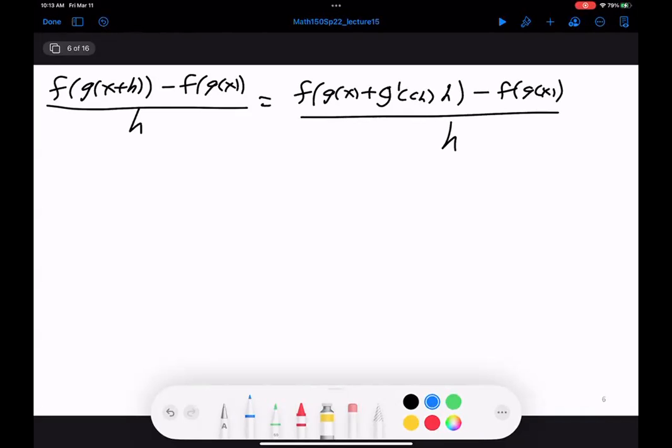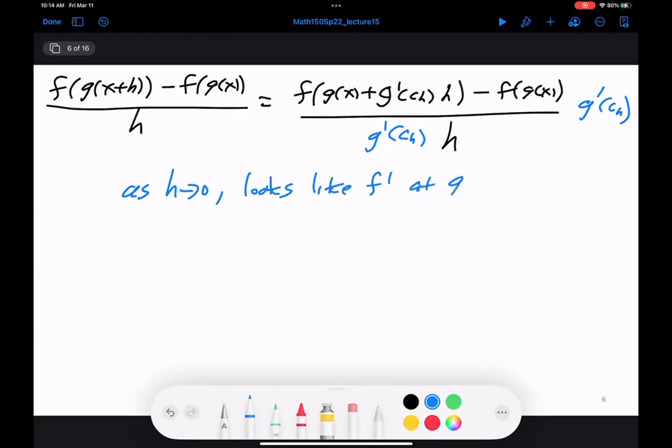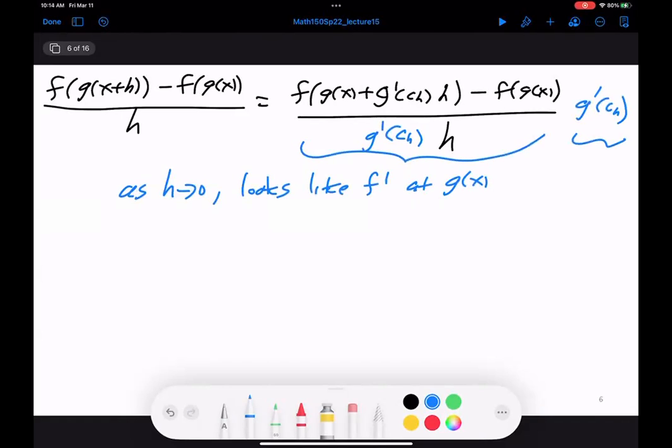And now what I'm going to do is multiply by 1, g prime c of h over g prime c of h. This looks like the derivative. So as h goes to 0, it looks like f prime at the point g of x. And this looks like g prime of x, because as h goes to 0, c of h goes to x.